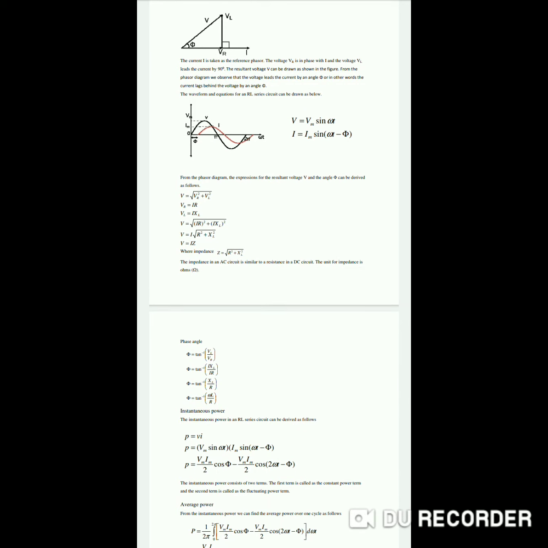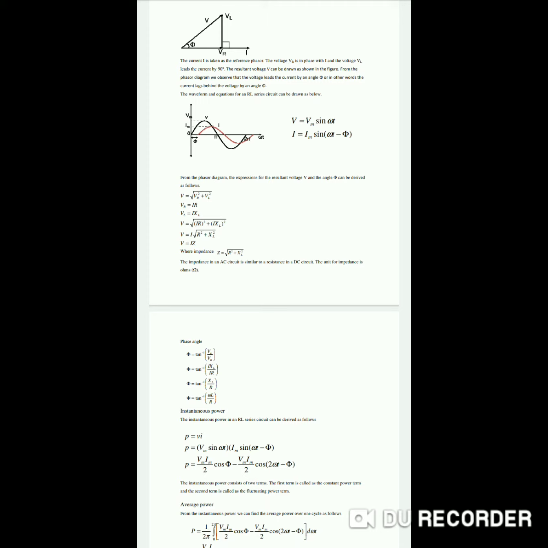Now from the phasor diagram expression we'll find the resultant voltage V and the angle phi. To find the resultant voltage, we combine resistance and inductance. So V is equal to square root of VR square plus VL square.